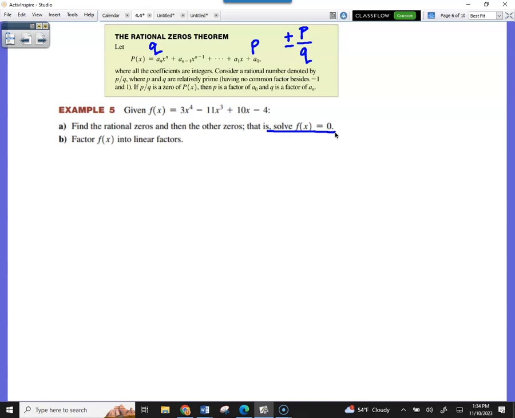Y'all remember that phrase growing up? It meant have good manners. I want you to think of mind your P's and Q's. It is backwards. P is all the way at the end. Q is the leading coefficient every time. It's not in alphabetical order.